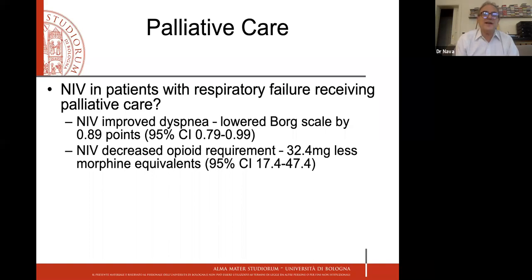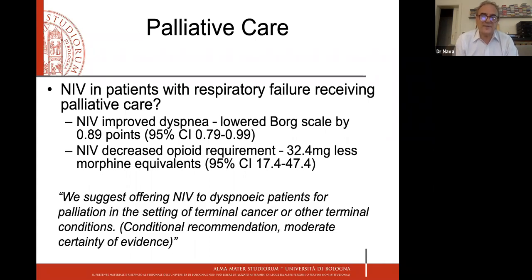According to the literature that we could gather during this task force process, we figured out that non-invasive ventilation improved dyspnea compared to oxygen, namely lowering the Borg scale by 0.89 points, and decreased opioid requirement by about 30 milligrams of morphine equivalent.